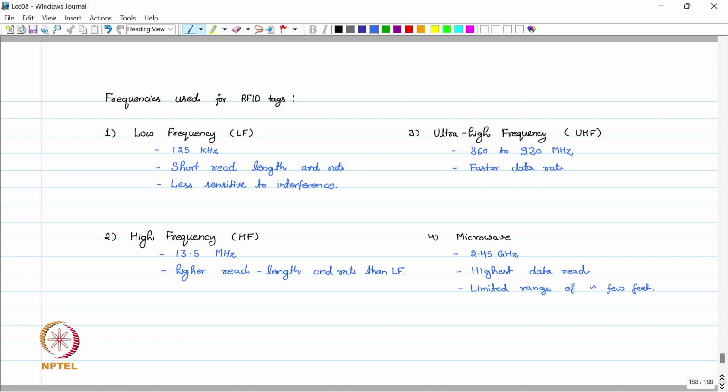Above this we have UHF, or ultra high frequencies, where the frequency range is typically 860 to 930 megahertz, and we have a faster data rate in UHF. And the fastest is the microwave. These are the fastest RFID tags, where we use microwave frequencies, or 2.45 gigahertz frequency.